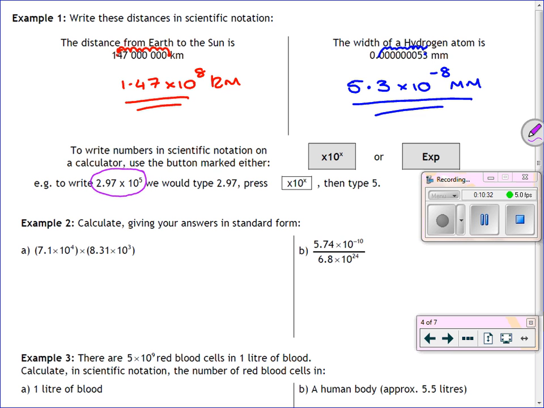If I have 2.97 times 10 to the power 5, if I wanted to change that back into normal form, then all I would do is I would move my decimal point 5 places back the way. So that would give me 297,000.